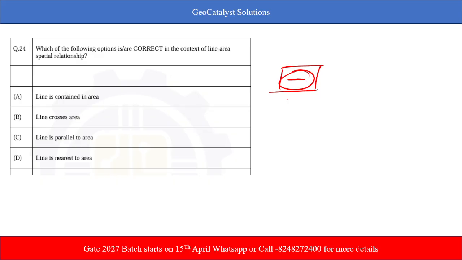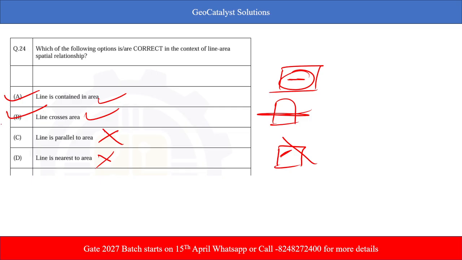A line crosses an area, if we extend it; that will also be true. A line is parallel to an area; this may not always be true because the line can be like this, or here also like this. And a line is nearest to an area is an ambiguous statement, it may be nowhere related. So only these two are related, so these two are correct.